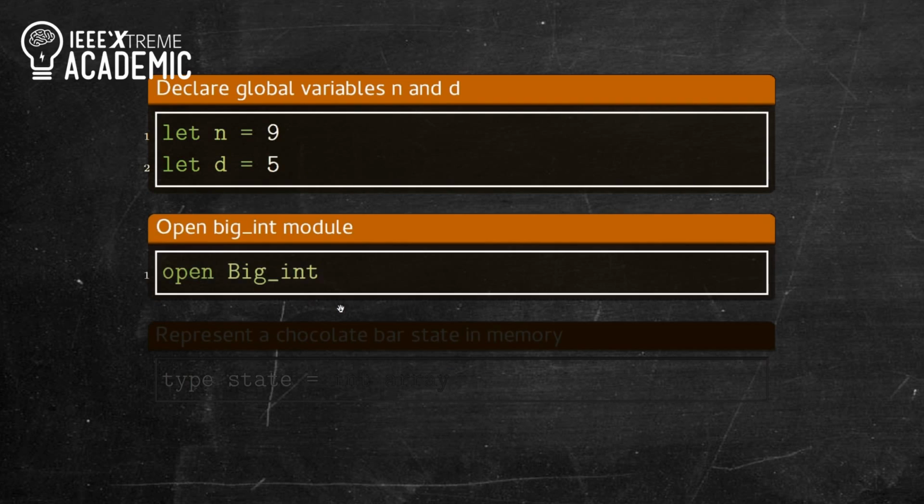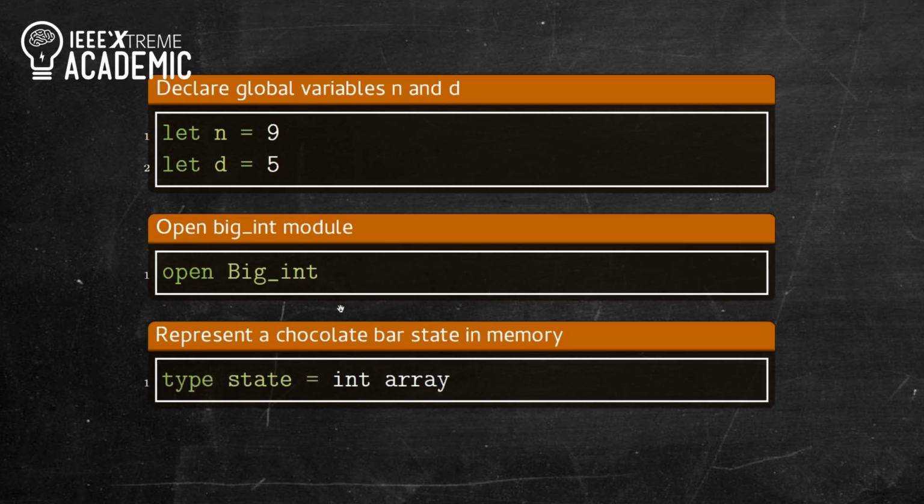I'm going to use the big integer module because I'm going to manipulate very large size integers, and I cannot just use the 64-bit integer that is the native integer of my modern machine. And I'm going to choose a way, and that is very important, of how to represent into memory a configuration of the chocolate bar. And I've chosen this way.